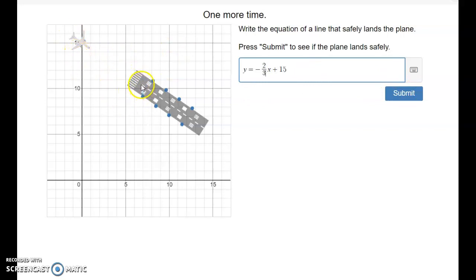I can also see that this point right here is going to hit our graph, right where my cursor is, right here. So 6, 11. And if I have 6, 11 and I go up 1, 2, 3, 4, and over 1, 2, 3, 4, 5, 6, I have 4/6.